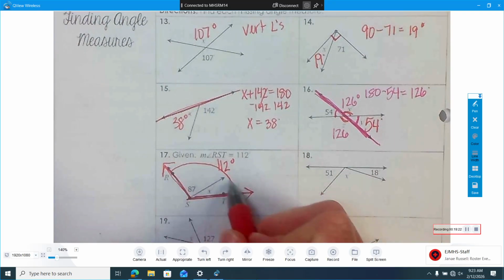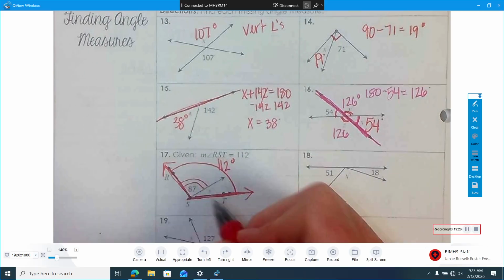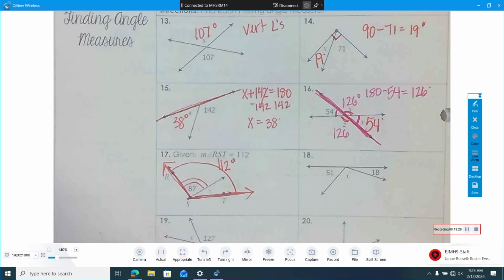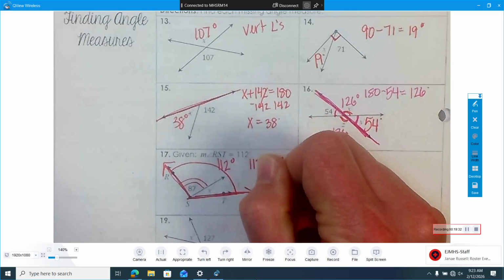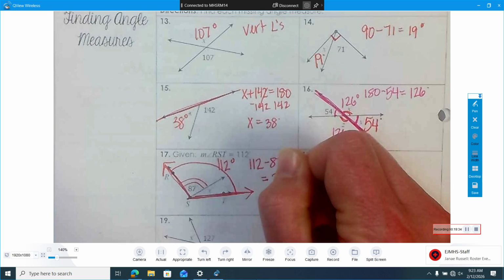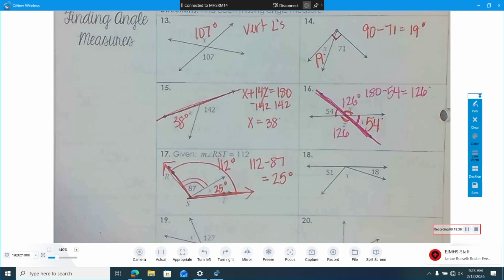The whole thing is 112, and we also know that this is 87 of it, and we just need to find that little leftover bit. So all we have to do is subtract. 112 minus 87 equals 25 degrees. X is 25 degrees. Good job. Do you find this easy? Yeah? Okay, good.